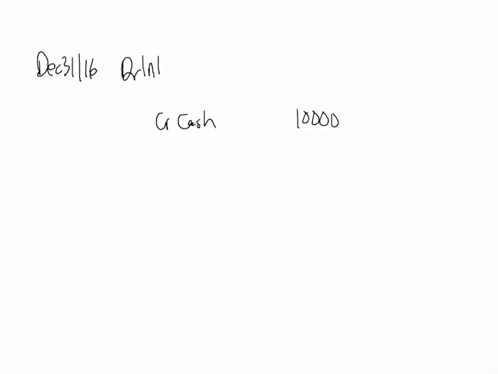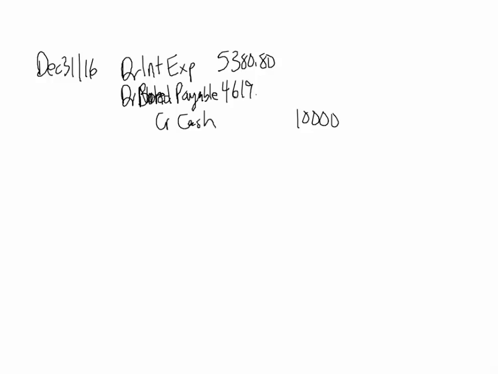I'm also going to recognize my interest expense at the lower amount because, of course, I didn't fund 100% of the interest. Some came from the investors paying more, $5,380.80. And I'm also going to recognize that the bonds payable is going to go down by $4,619.20.